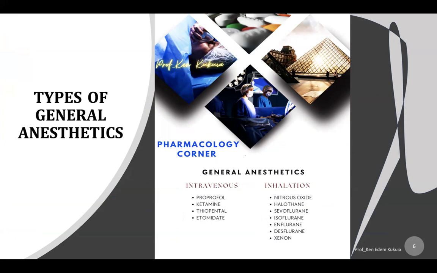And then we have etomidate. These form part of the intravenous general anesthetics. Then for inhalation general anesthetics, we have nitrous oxide, also known as laughing gas. We have halothane, sevoflurane, isoflurane, enflurane, and desflurane. But for the purpose of today's discussion, our focus will be on just the intravenous general anesthetics, shall we?